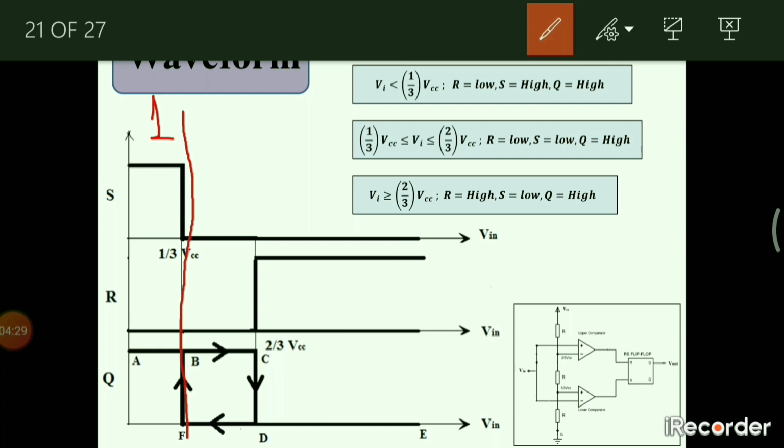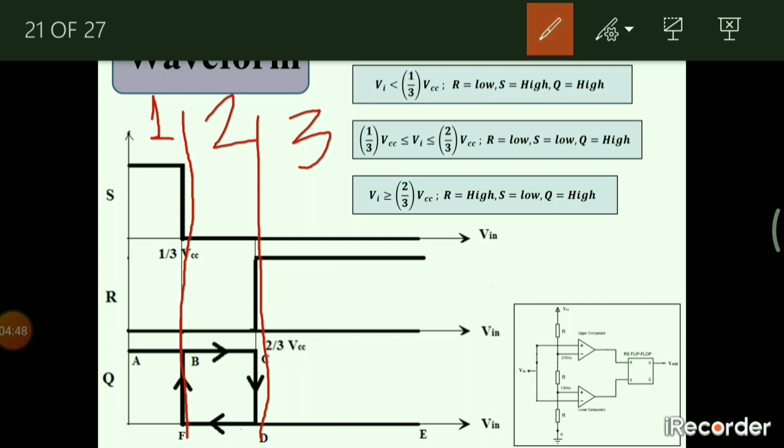Second condition, VI is in between 1 by 3 VCC to 2 by 3 VCC. And the third condition, VI is more than or equal to 2 by 3 VCC.